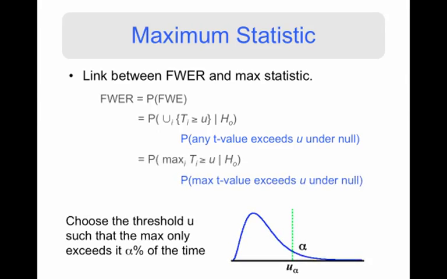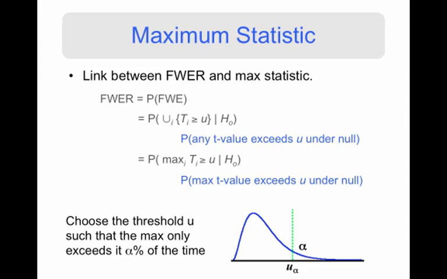However, if any t-statistic exceeds u, then the maximum, or the largest t-statistic, must also exceed u under the null. Because if any t-statistic exceeds it, the largest one has to, right? So the family-wise error rate can be written as the probability that the max test statistic is bigger than u under the null hypothesis.